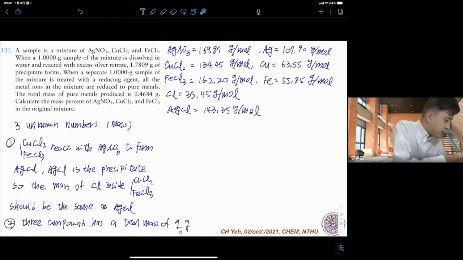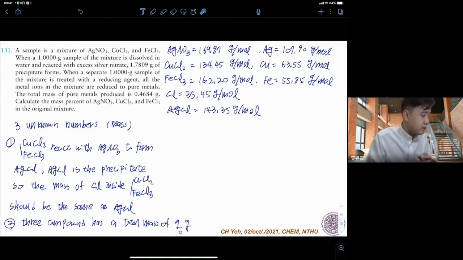Okay, when a separate 1 gram sample of the mixture is treated with a reducing agent, which means the mixture still has a total mass of 1 gram, but we analyze it separately.